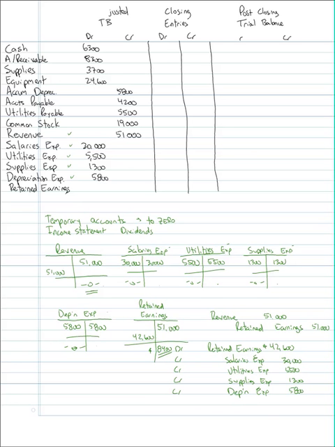We can see the effect of these things on our trial balance up at the top. We are going to post a debit of $51,000 to revenue, and we're going to post our credits to all of our expense accounts.